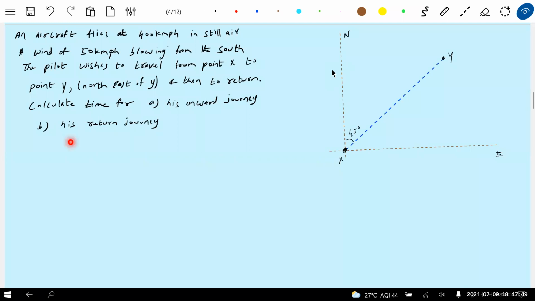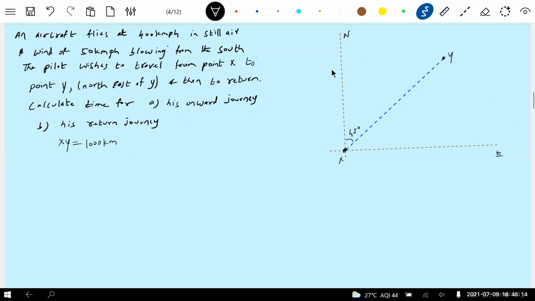Let me give XY here. I think 1,000 kilometer is very far; in a train it may take 1 or 2 days. Okay, let's see how much time this aircraft will take to cover that.